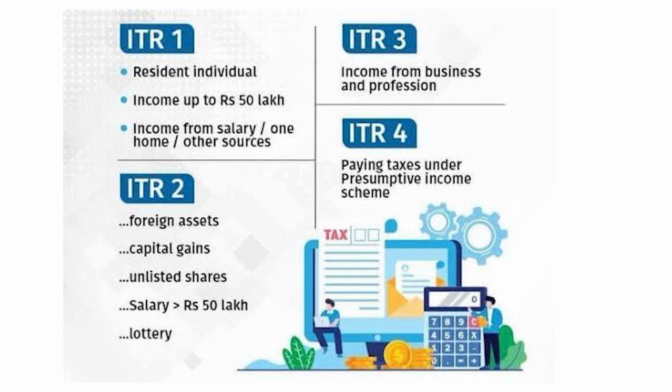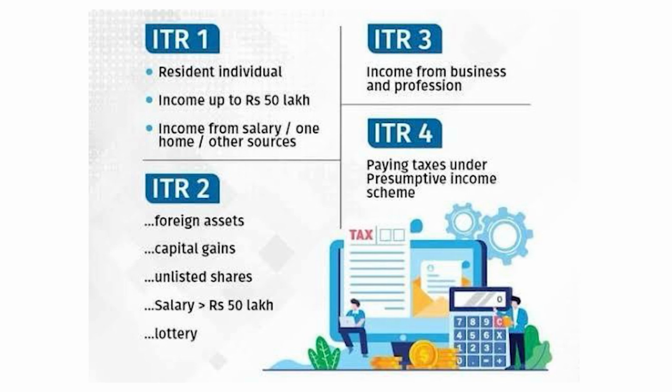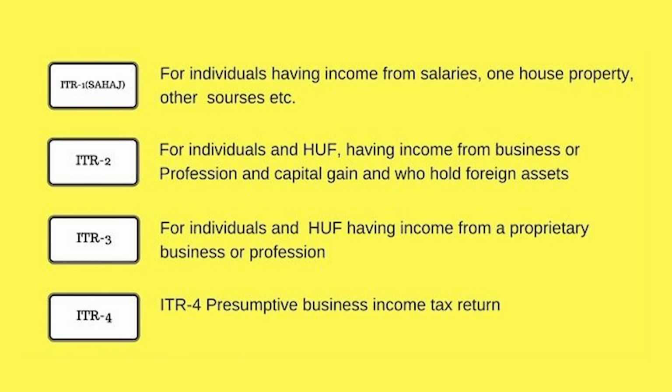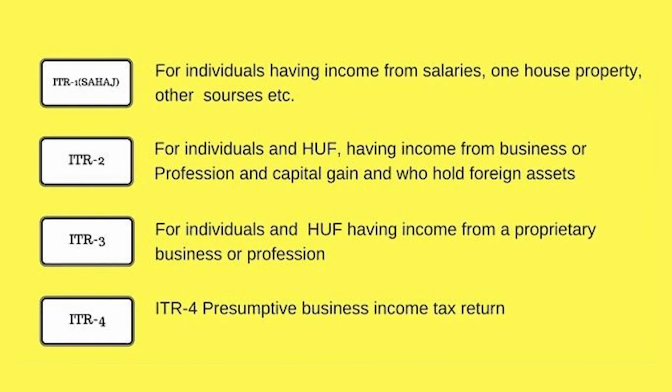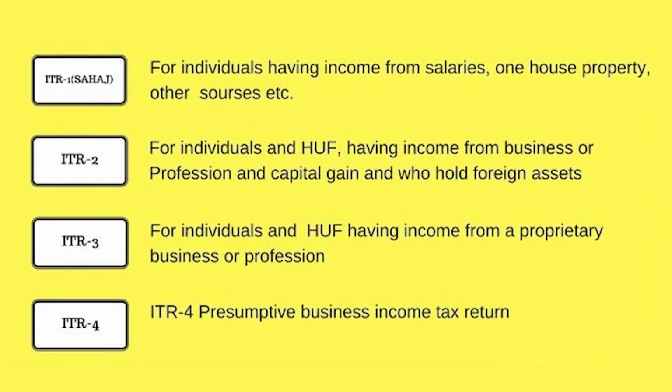ITR 1 to ITR 4 are supposed to be filed before July 31st if tax audit is not applicable, and if tax audit is applicable, the due date for filing the return extends up to October 31st of the assessment year.